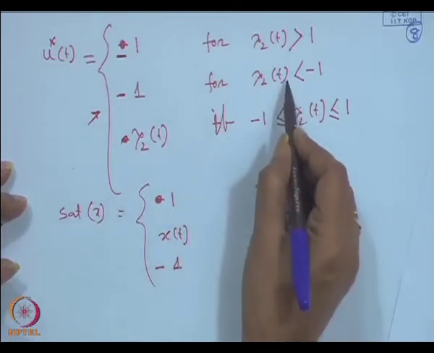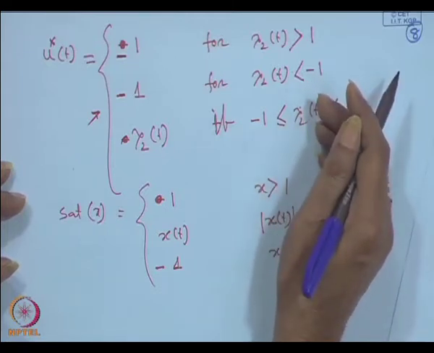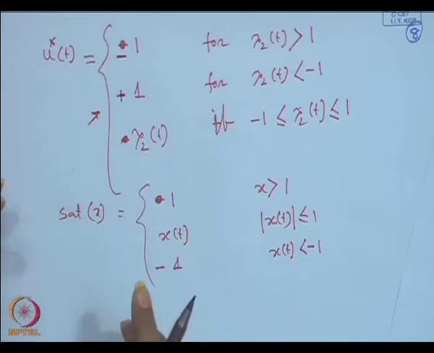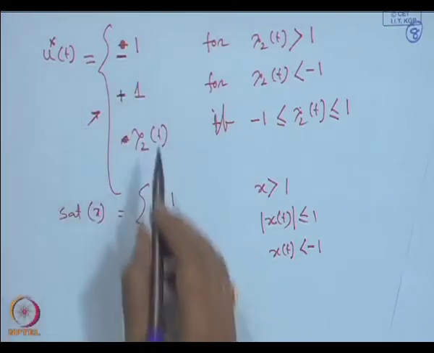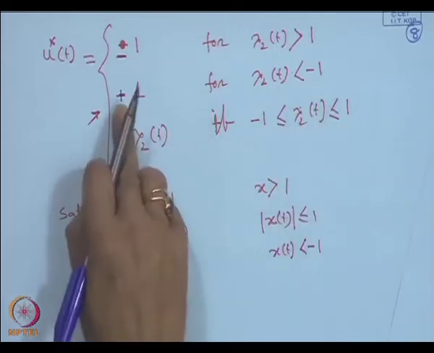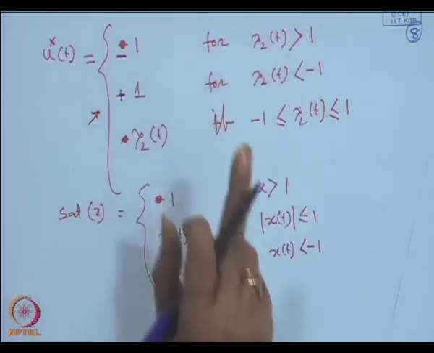When lambda 2 is less than minus 1, I have to make it a positive sign, u of t is positive 1, I have switched to positive 1 only. Because if it is less than minus 1, then minus minus is plus. So, I have to switch to minus 1, because I need not cross the bound of 1.